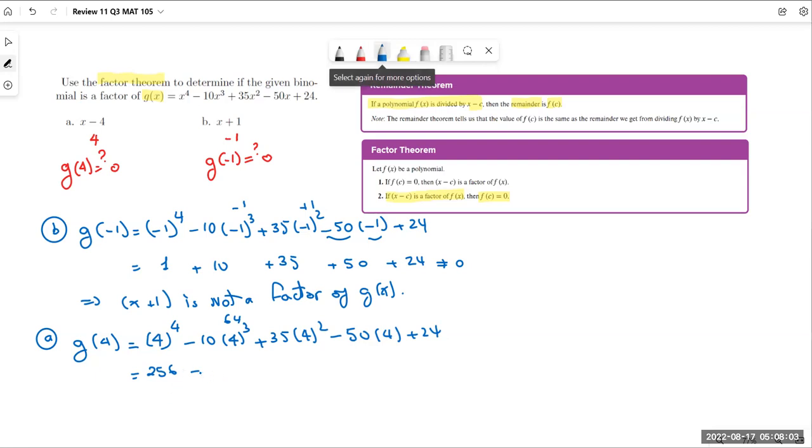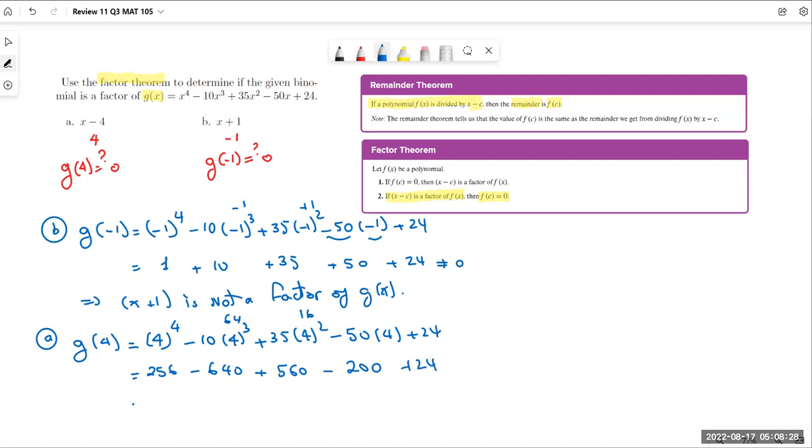64 times 10 is going to be 640 plus, okay, 4 squared is going to be 16. 35 times 16 is going to be 560. Of course, I didn't do it by mind. I used my calculator earlier. And then minus 50 times 4 is going to be minus 200. And then plus 24.